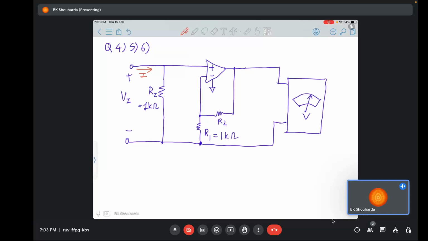We need to find R2 so that for every change in I of 1 milliampere, let me call this output as VO, this will lead to a change in output voltage of around 10 volts. So if I increase I by 1 milliampere, the output voltage of the voltmeter will turn out to be 10 volts. So you are getting a proportional relationship between I and V, wherein the voltmeter is giving me an indirect measure of the current that is entering the circuit.